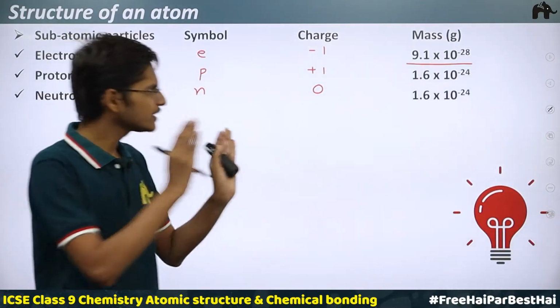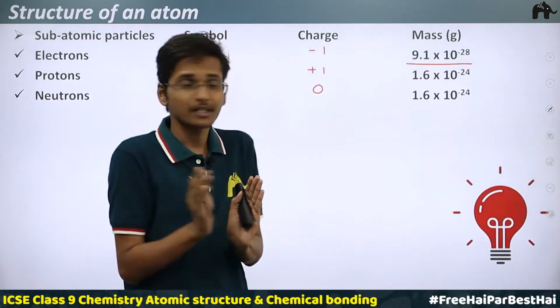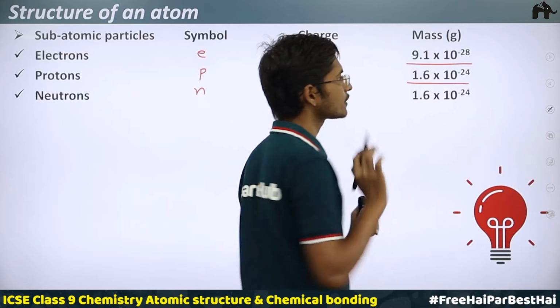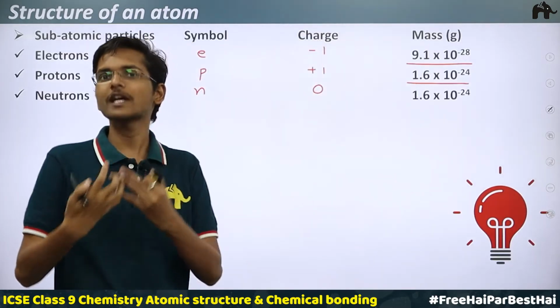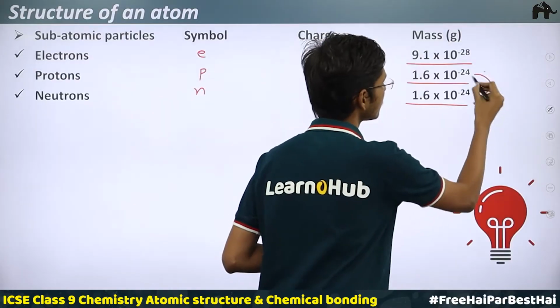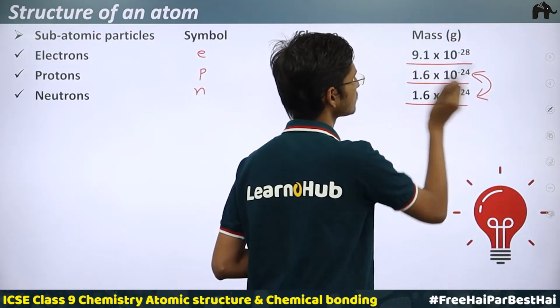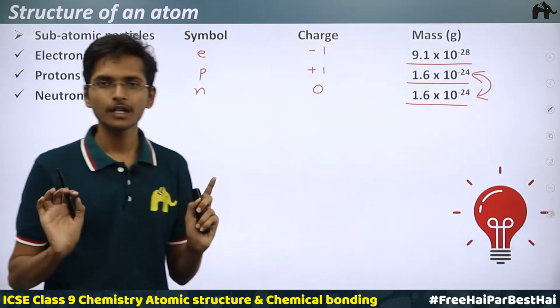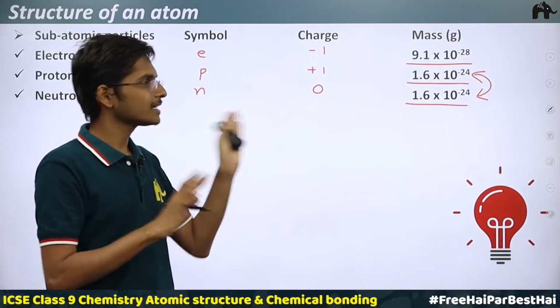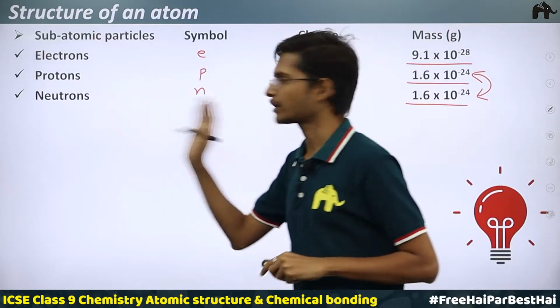The same case is with the proton, but here the mass of the proton is 1.6 into 10 raised to -24 grams, so it is more than the electron. And the mass of the neutron is the same as that of the proton, 1.6 into 10 raised to -24 grams. So this is all about the masses of our subatomic particles.